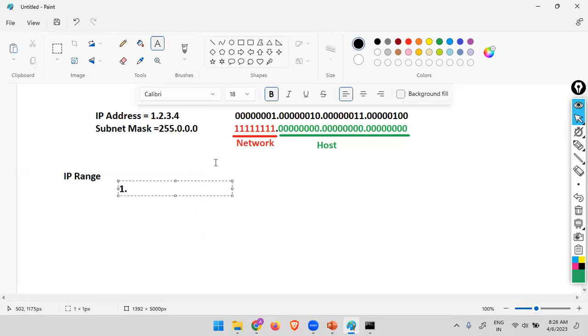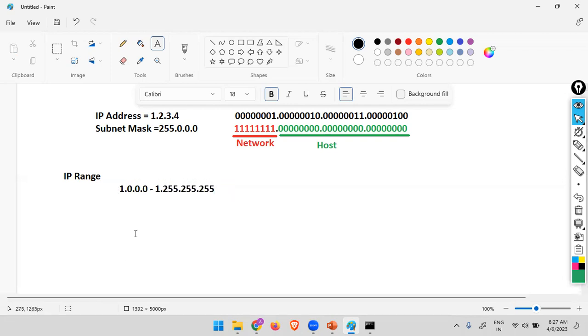What will be the minimum value of these three octets? 0.0.0. And the maximum? The network part has to be constant: 1.255.255.255. Because in any network, the network part will always remain constant, and the host part will start from the minimum and go until the maximum. Is that clear?